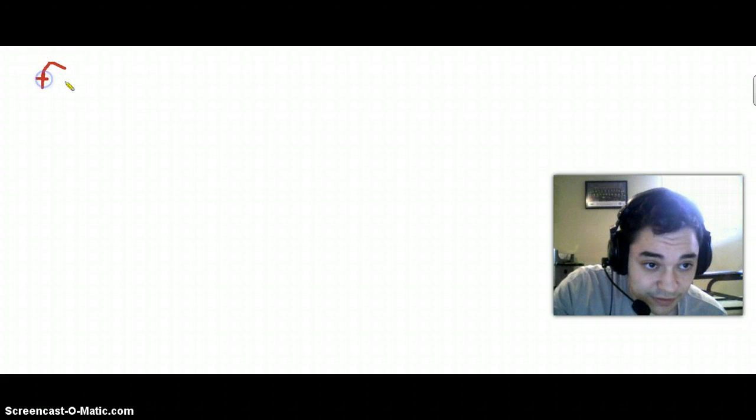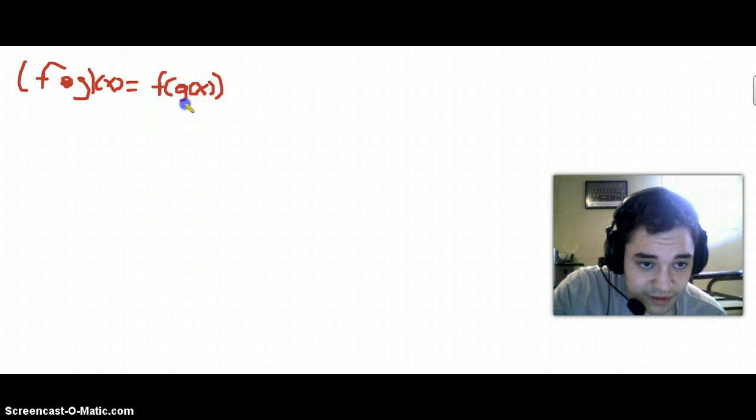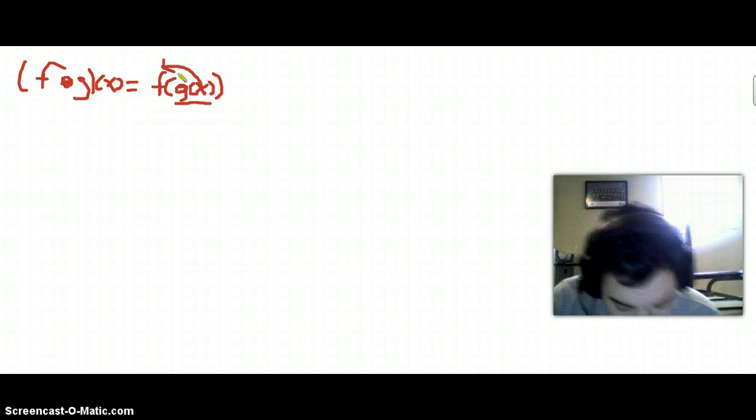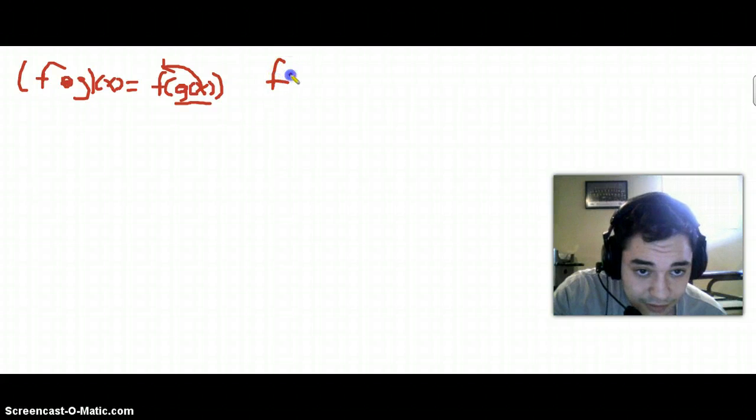So if they give us f of g, now notice that this should be an open circle, and f of g of x equals f parentheses g parentheses x.